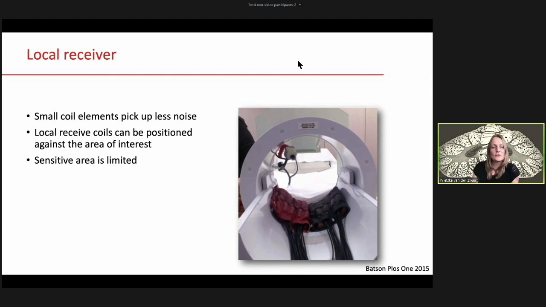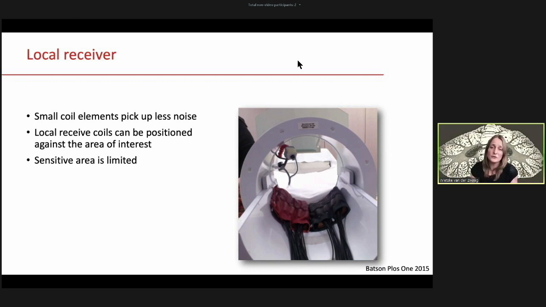One of the ways that you can get around or get rid of this shadow is by focusing exclusively on the cerebellum. You can do that, for example, by taking a local receiver. We have an example here from 2015, Bazin, a little paper in Utrecht. They took a bunch of very small local coils that you can position in the back of the head, either under the visual cortex or at the cerebellum.